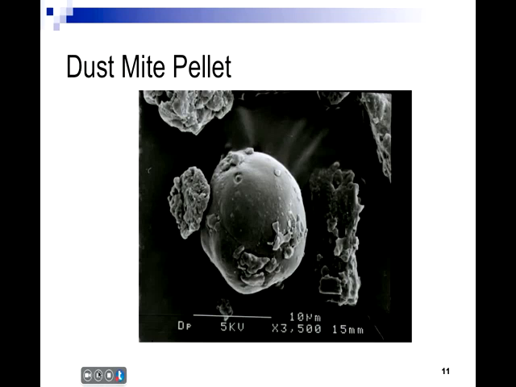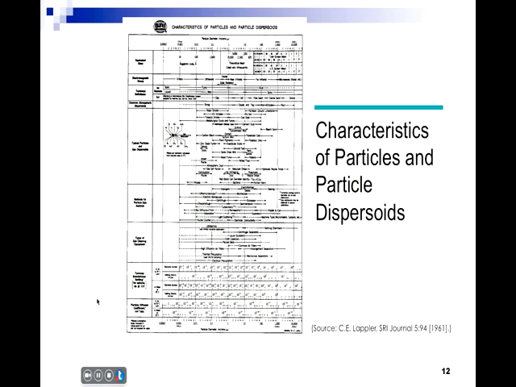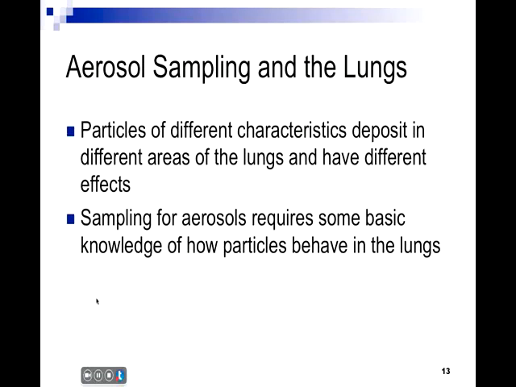This is a dust mite pellet, and as is the case for many bioaerosols, it's spherical in nature. And this is a chart from your reading assignment that lists a lot of different types of aerosols and how they fit within a size scale.